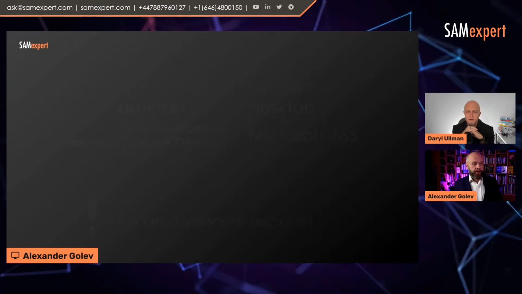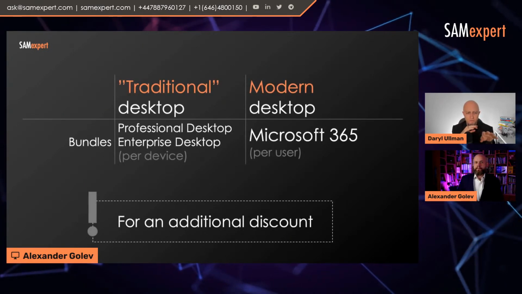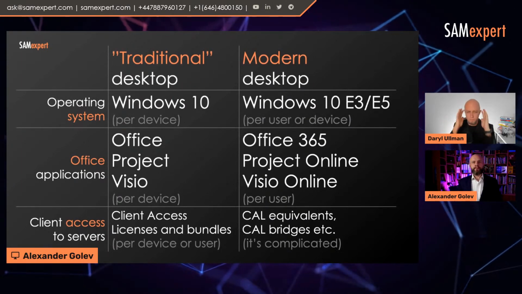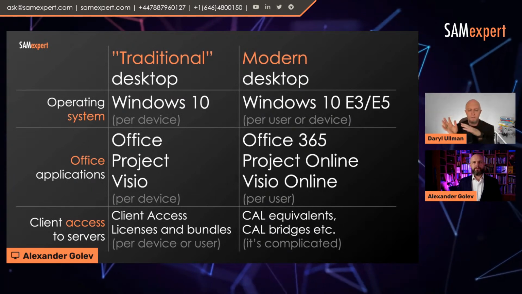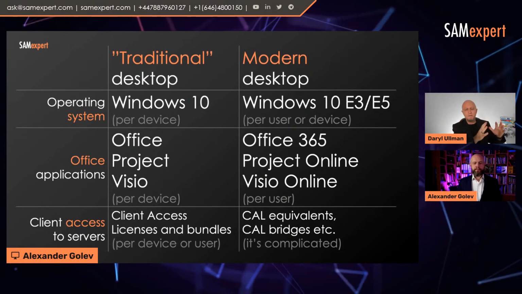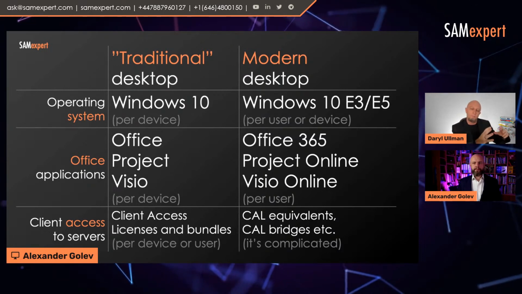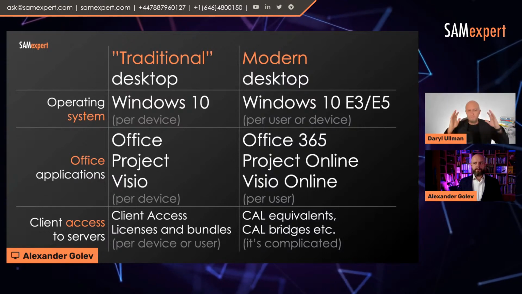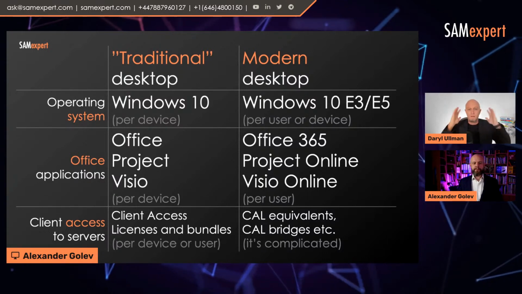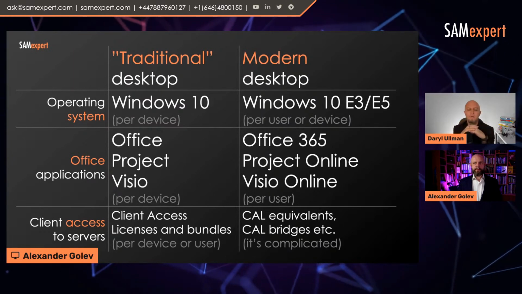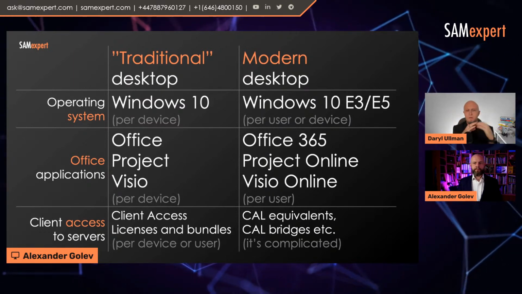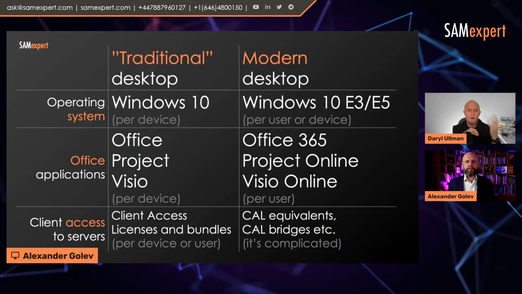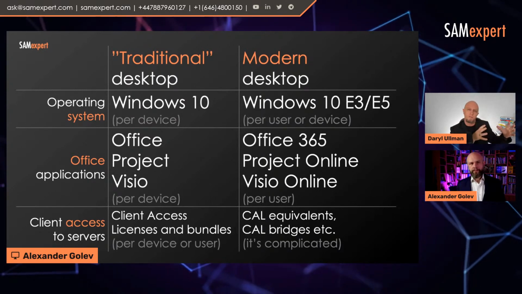Alex, if I may just add on, a lot of people have already moved their mindset to the modern desktop and are neglecting the licensing implications of the traditional desktop. I know that we're all moving, and 365 is definitely the main route going forward. But still, statistically, traditional or on-premise is still 30 to 40% of all installations.